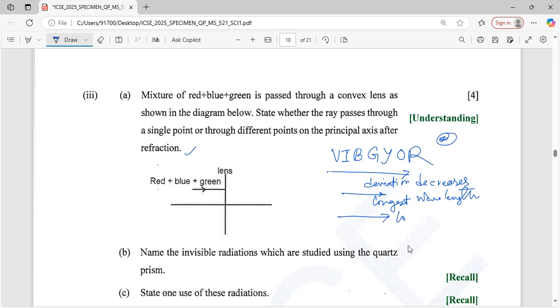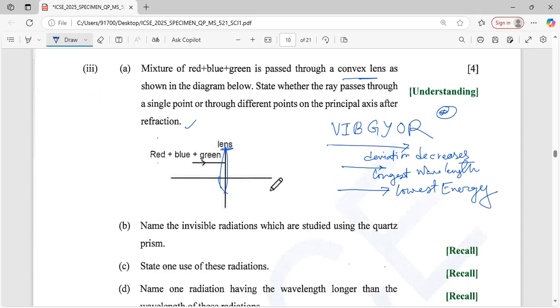So this is a convex lens, and the rays pass through different points on the principal axis after refraction.